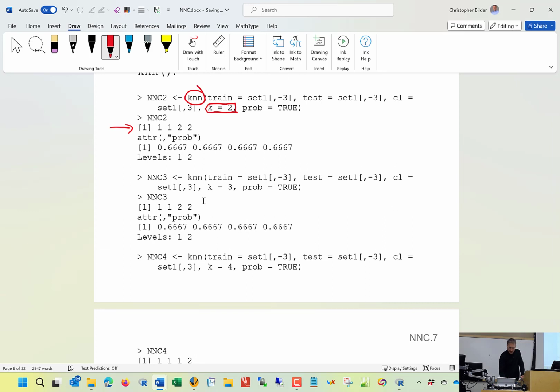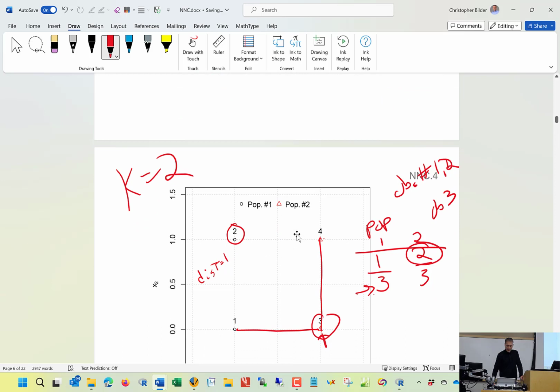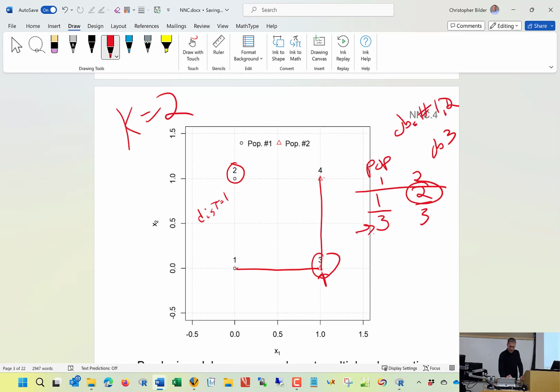What if now k is equal to 3? Notice each time I have 2/3. If we go back to observation 1, we have that in its k equal 3 nearest neighbors.